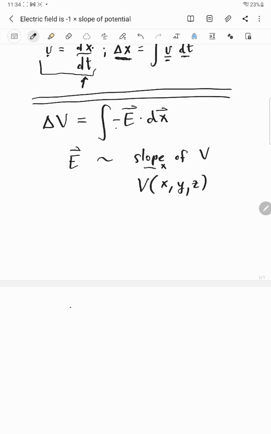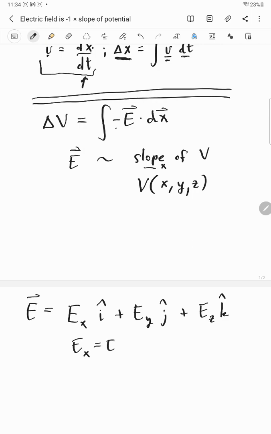The way we say it is the x component of the electric field. Actually, let me do this. Remembering that the electric field is the x component times i hat plus the y component times j hat plus the z component times k hat, where each of these components is actually a function of all three space coordinates.